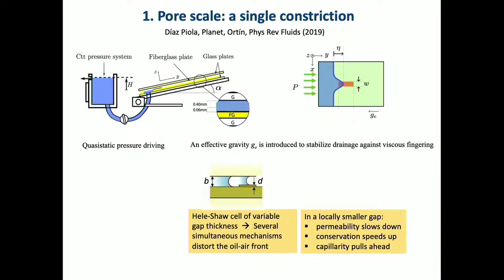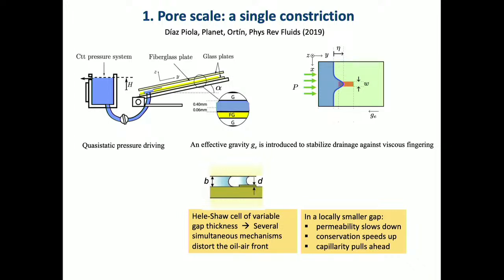In a locally smaller gap, like this one, first you have a reduced permeability. There is less space, the fluid is more confined, so the permeability is smaller here. In principle, the decrease in permeability will slow down the fluid, right? But there is mass conservation, and because the space is limited now, the front will speed up to conserve mass.